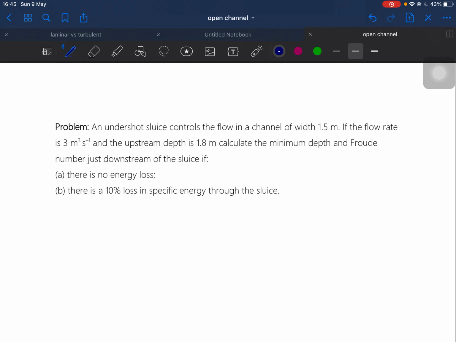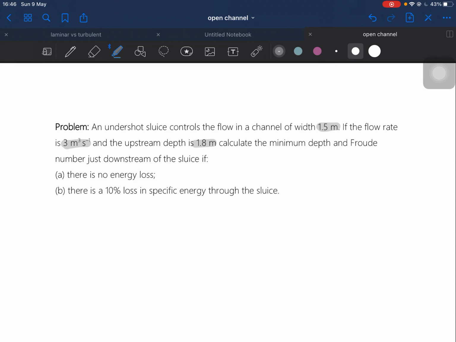Okay, so this undershot sluice controls the flow in a channel of width 1.5 meter. So if the flow rate is 3 cubic meter per second and the upstream depth is 1.8, so the width here is 1.5, the flow rate is 3 cms, and upstream depth is 1.8 meter.